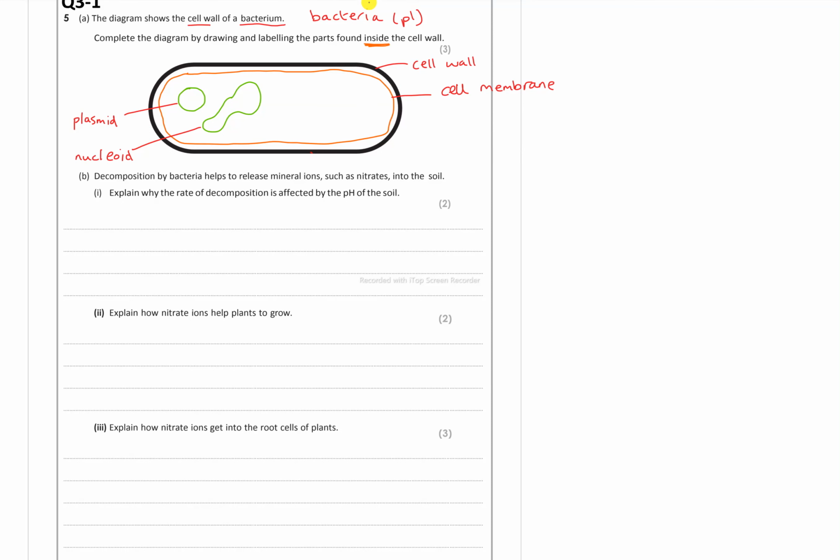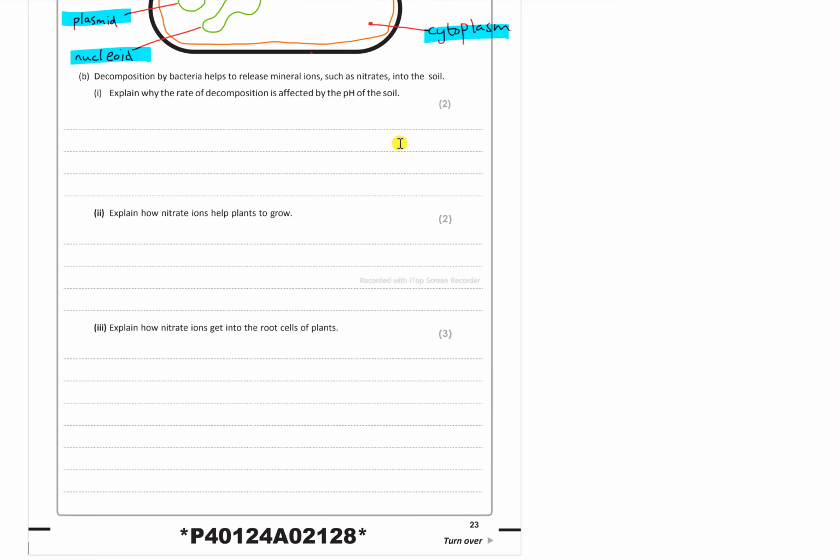Right, okay. And then you've got the liquidy part in there. Cytoplasm. So any of these will get you your 3 marks. So if you put 3 of these, you can put more, but it's only a 3 marker. So it's good going through it all, so then it's in your head when you sit the exam. Right, okay.